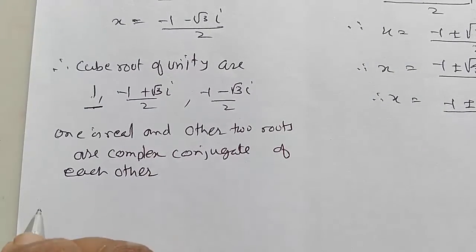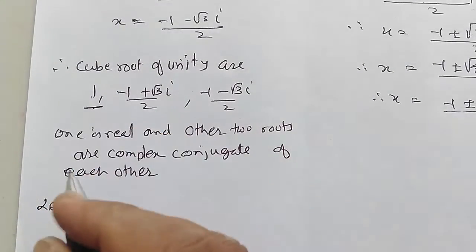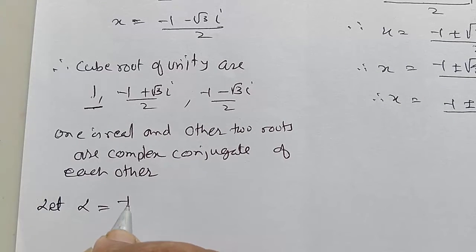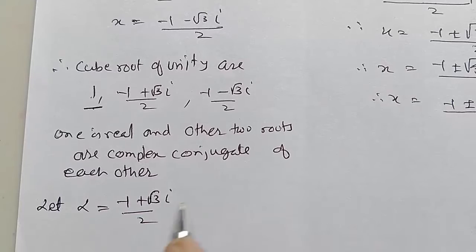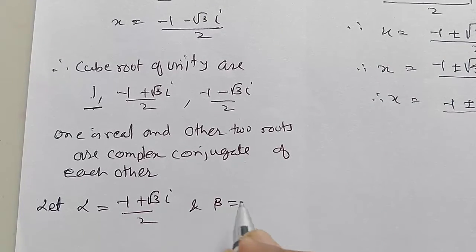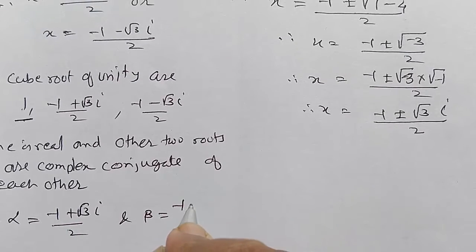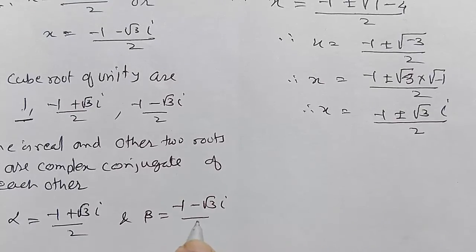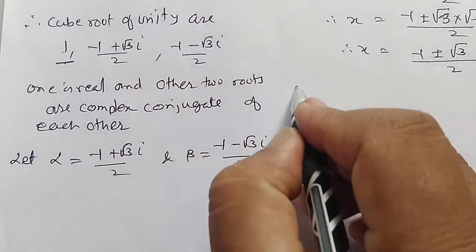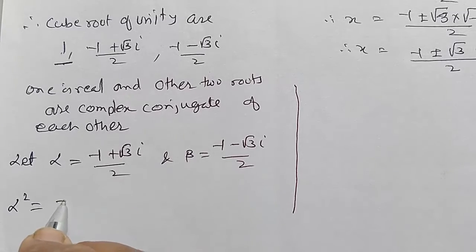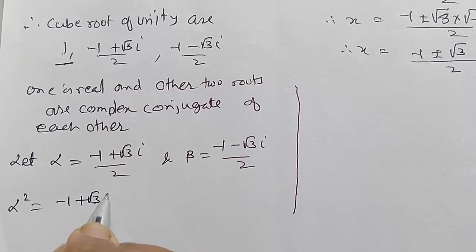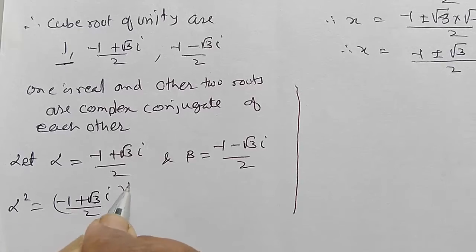Let us denote one complex root as alpha, minus 1 plus root 3 i upon 2, and the other complex number as beta, minus 1 minus root 3 i upon 2. If we take the square of alpha, alpha square is equal to minus 1 plus root 3 i upon 2, its square.